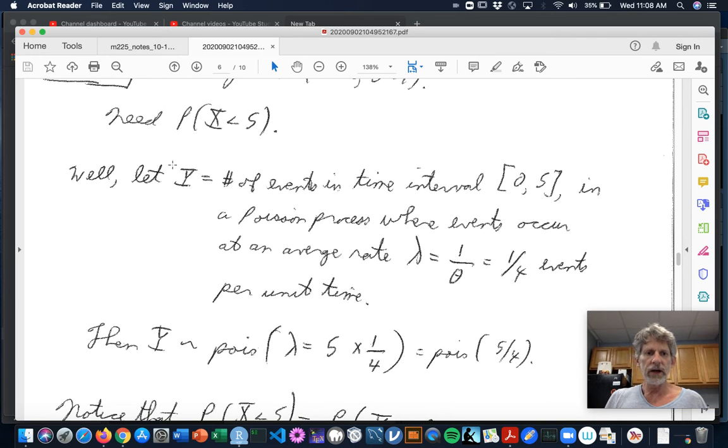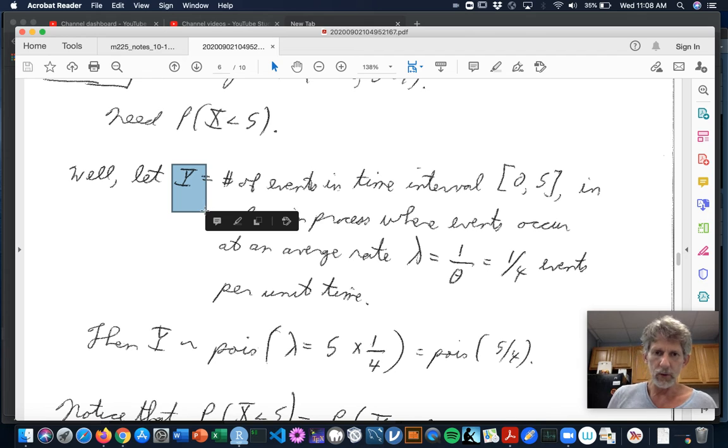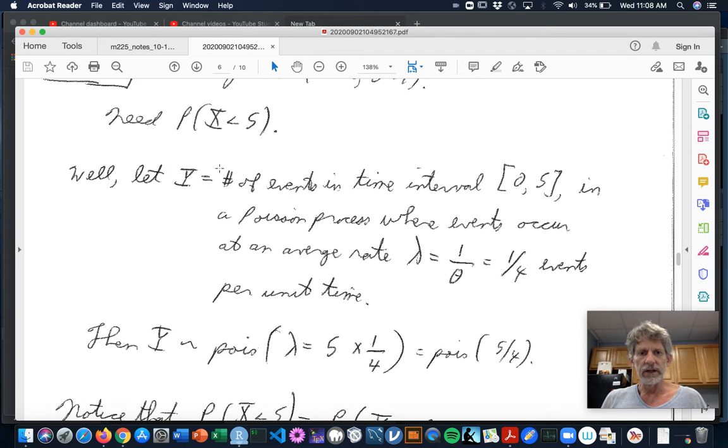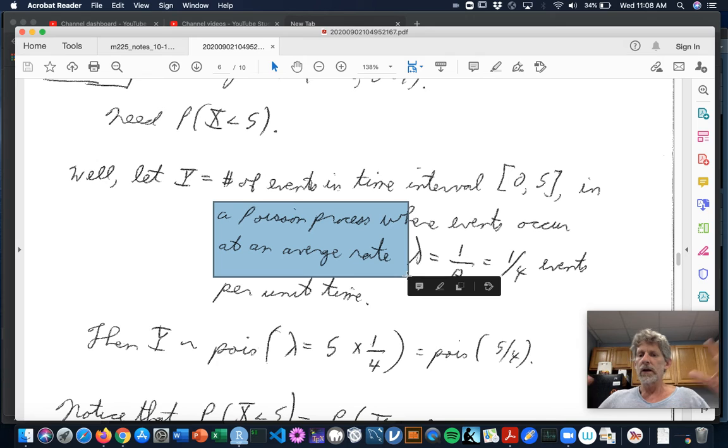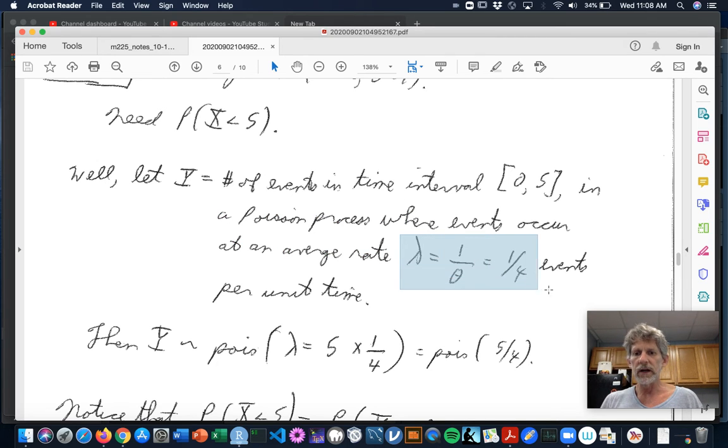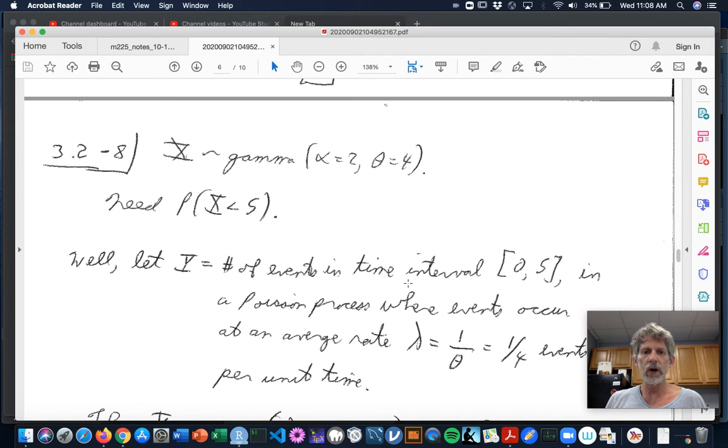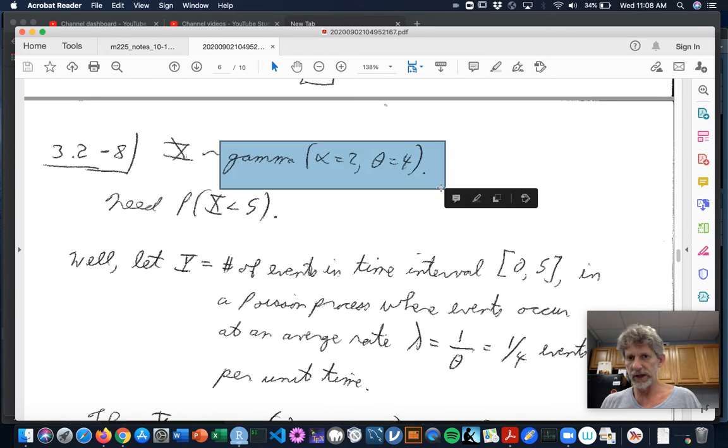So I'm going to define a little adjunct random variable, capital Y. That is the number of events in the time interval from 0 to 5 time units in a Poisson process where events come 4 time units apart on average, thus they come at a rate of a quarter of an event per unit time. So I've just set up a random variable associated with the Poisson process that you can associate with this gamma.